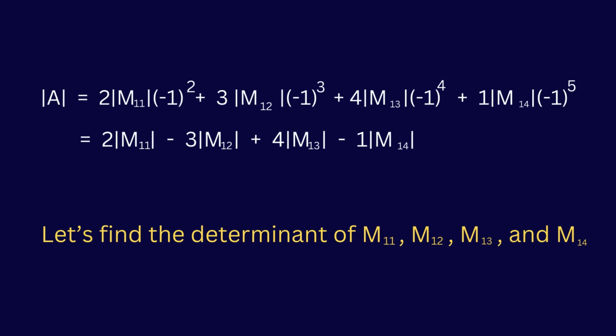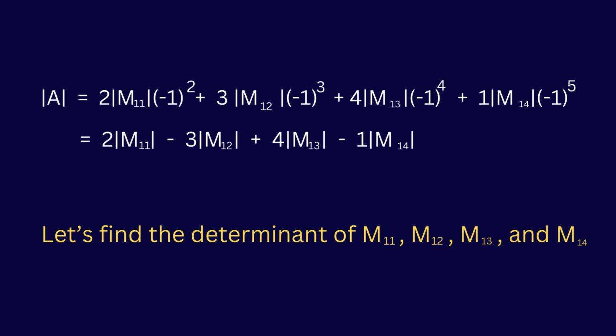So the final formula is equal to the first number multiplied by the determinant of the M11 matrix, minus 3 multiplied by the determinant of the M12 matrix, plus 4 multiplied by the determinant of the M13 matrix, minus 1 multiplied by the determinant of the M14 matrix.